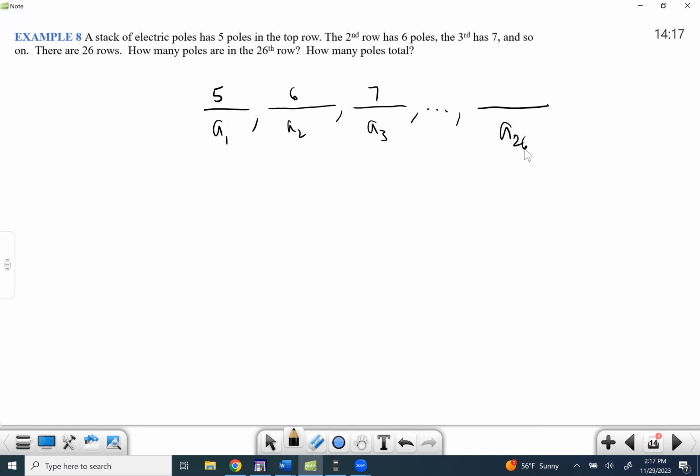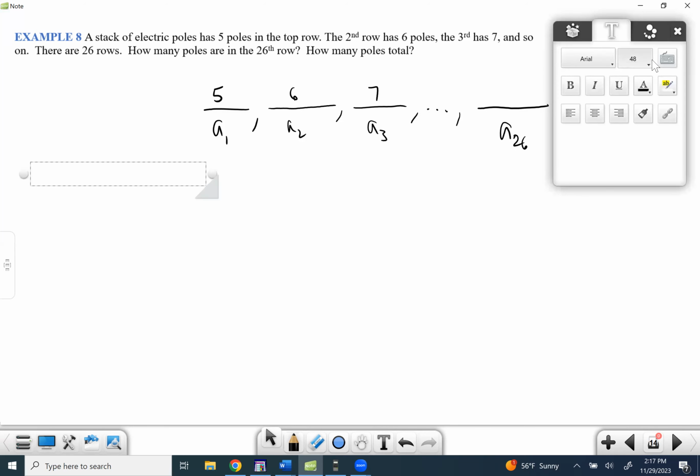So it says how many poles are in the 26th row? Well, that sounds like it's asking us for the 26th term. Okay, so let me kind of write this out. Asking how many poles are in the 26th row is the same as asking for the 26th term.